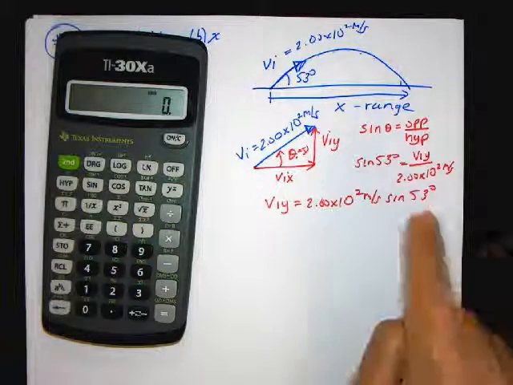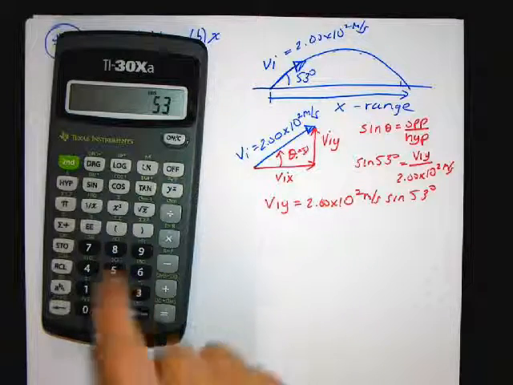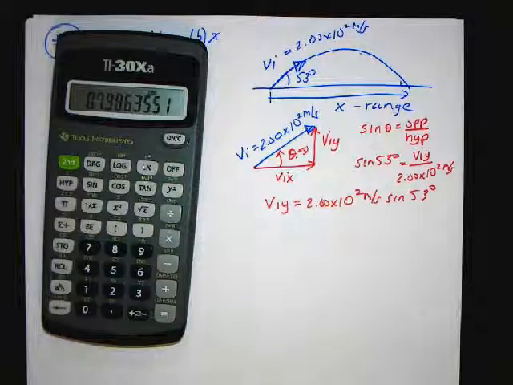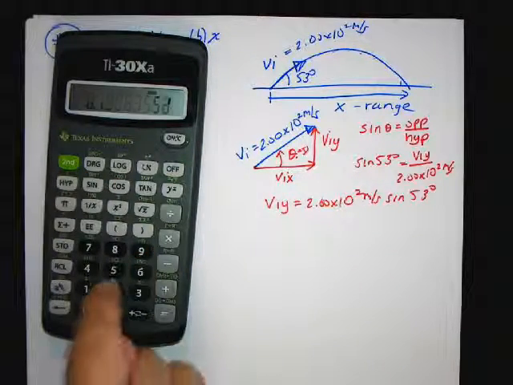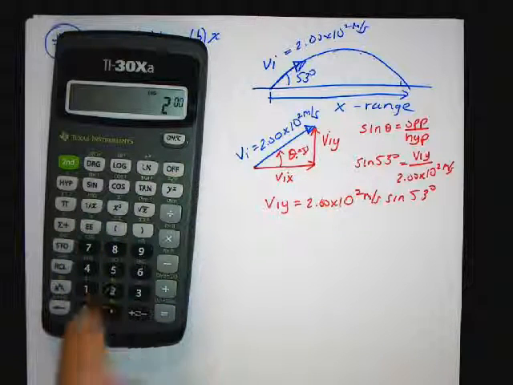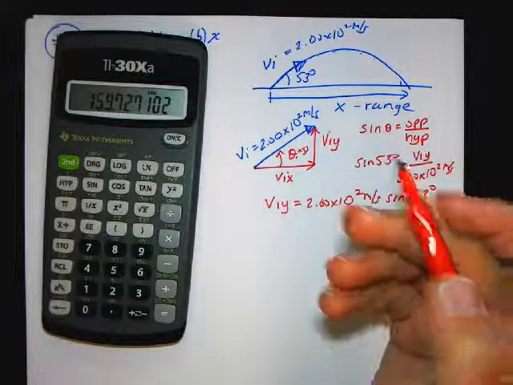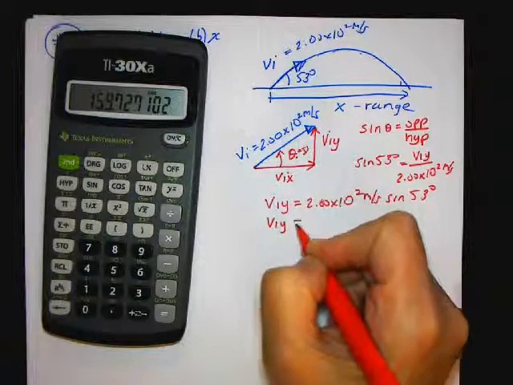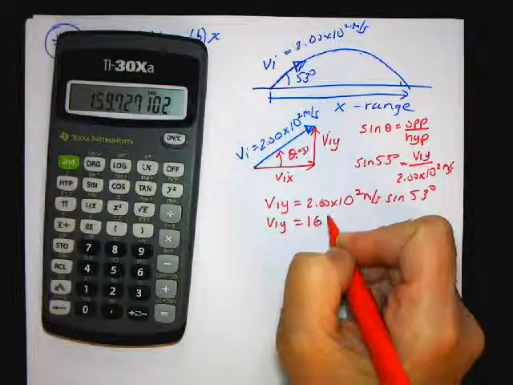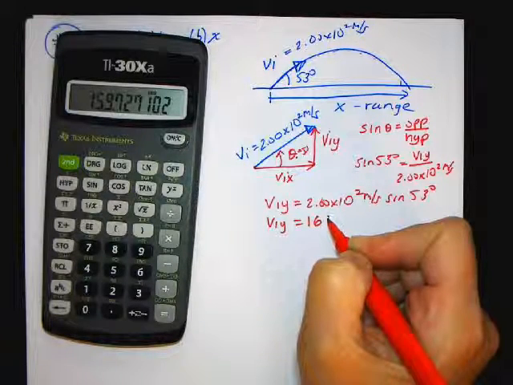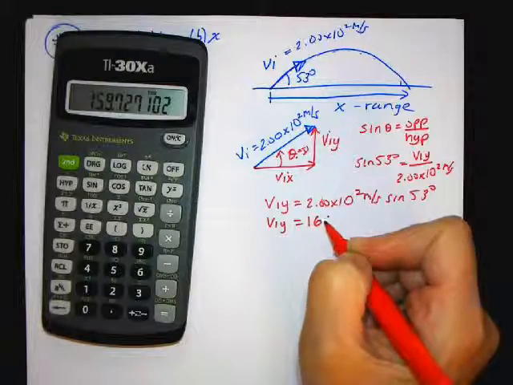I'm going to say 53 sine times 2EE2 equals, and I'm going to see that VIY is 159.7, so I'm going to say VIY is equal to 160.